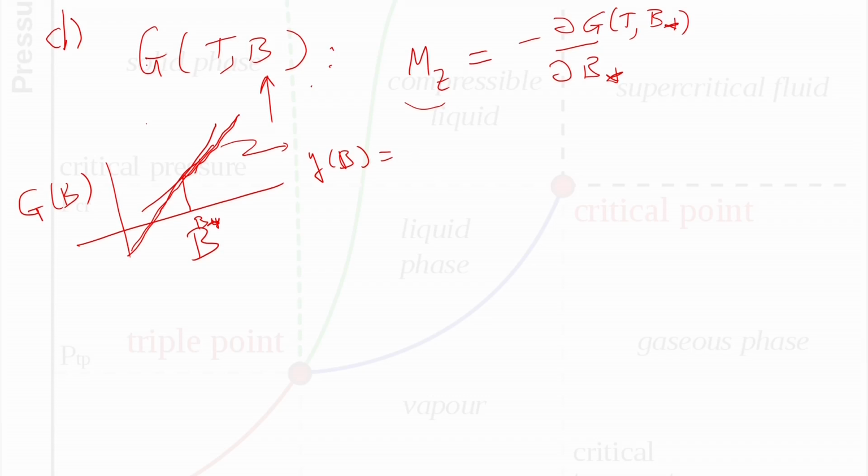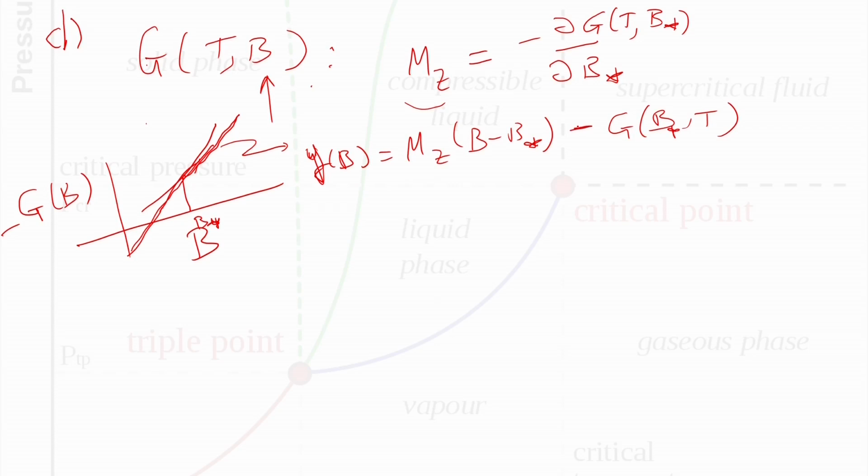So, I am going to define the tangent to the curve. It's kind of defined with a negative. So, I am going to think of it as m_z times (b minus b star) plus the value of the curve at b star, which is minus g. This is how I choose to define that straight line. So m_z is the slope of minus g versus b, because there is a minus sign there.